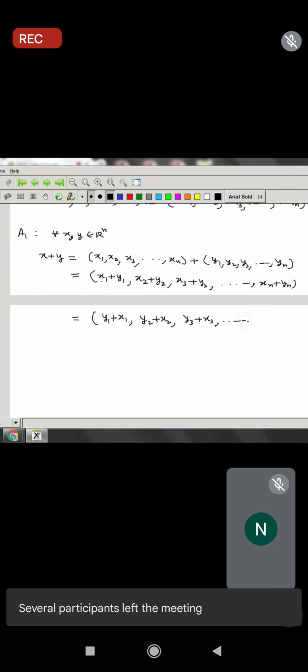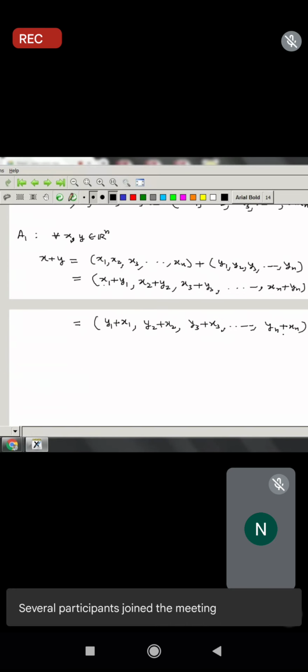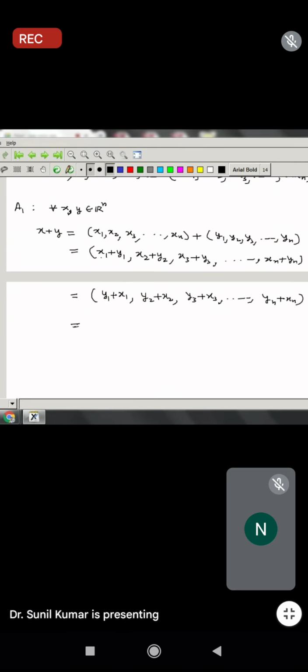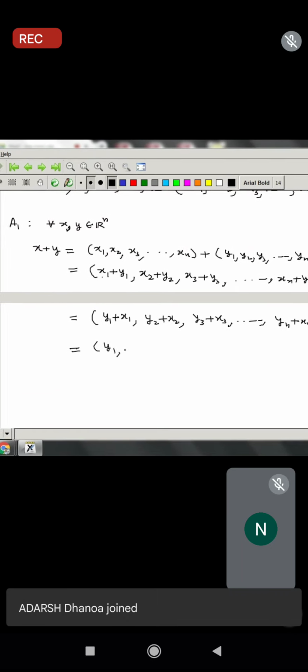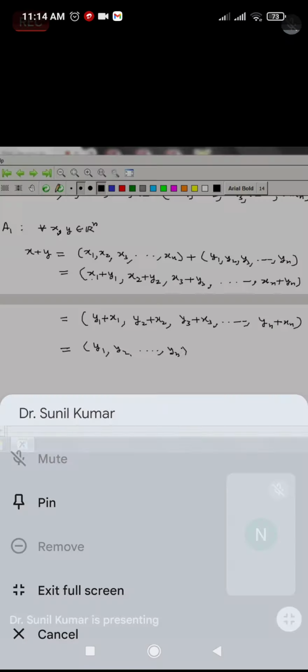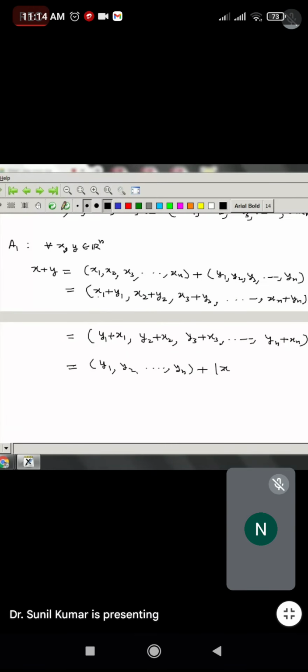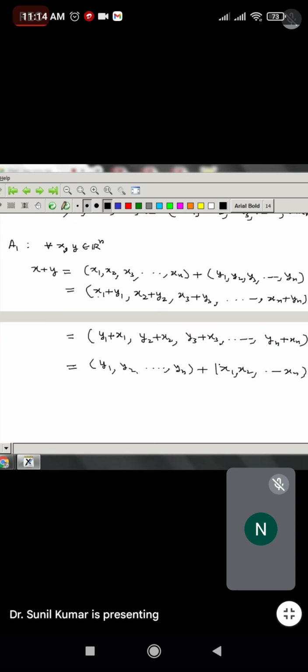And similarly yn plus xn. And because of the vector addition we have defined, I can write this as (y1, y2, so on yn) plus (x1, x2, so on xn). Very good. So this is nothing but y plus x.